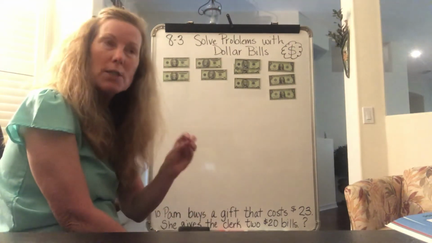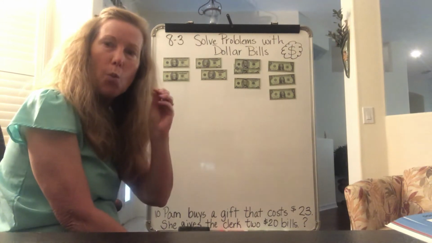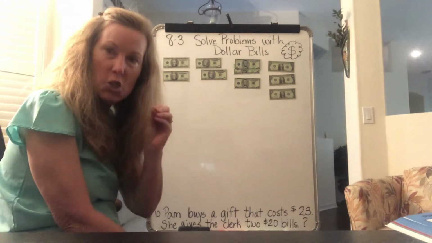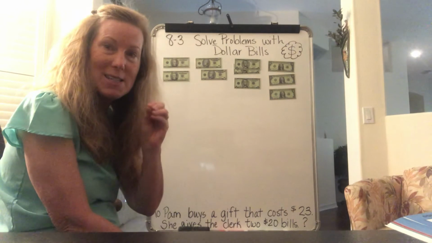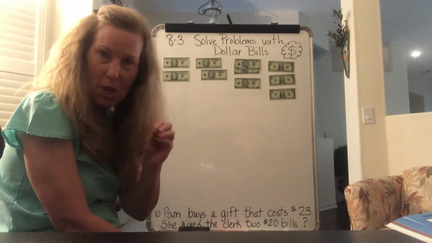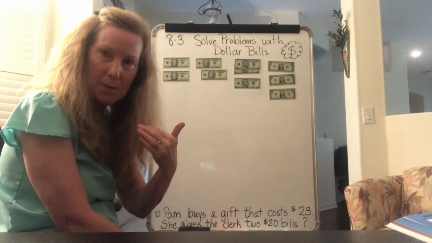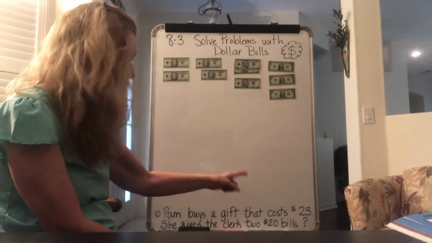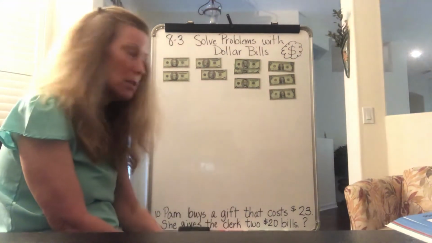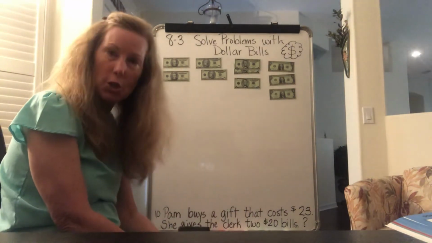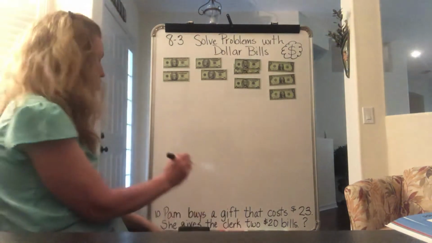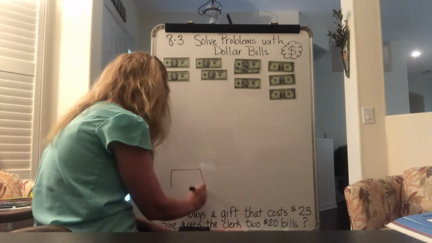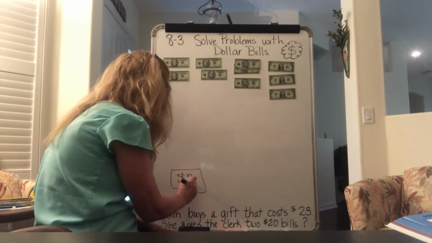The question says this: what bills is she going to get back as change? In other words, she's going to get money back because the gift costs $23, but she hands the clerk 2 $20 bills. So Miss Black is going to draw 2 $20 bills so I can see it.